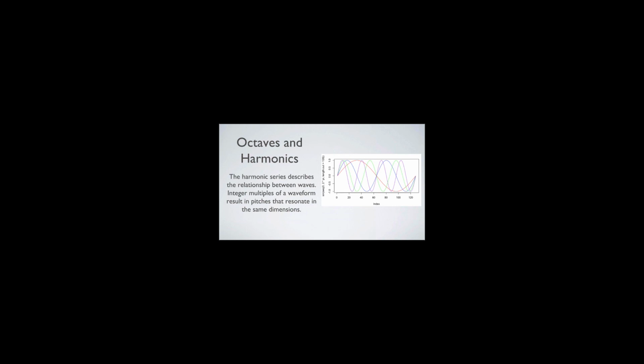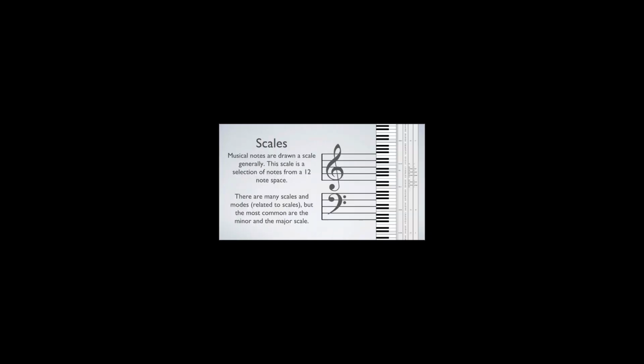And you'll see that's the same if you look at the numbers here. So if we look at 260 for C4, and we go up to C5, we're at 523. So that's doubling that frequency. So scales and harmonies are based on waveforms and mathematics.